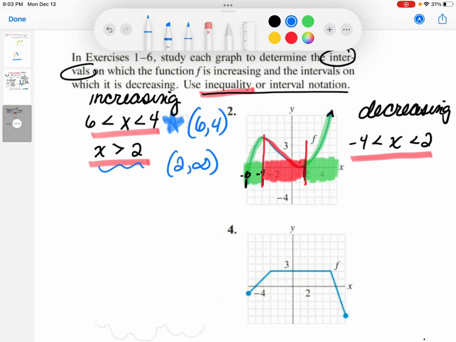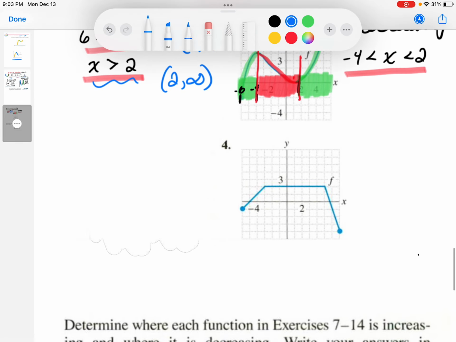Okay, let's look at number 4. You can see on this graph there are sections where it's increasing. There's sections where it's decreasing. And then it looks like it's flatlining here. So it's neither decreasing nor increasing. It's just constant, right? It's 0. So again, increasing from looks like -6 to about -3.